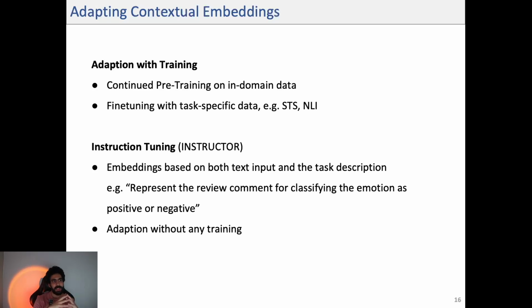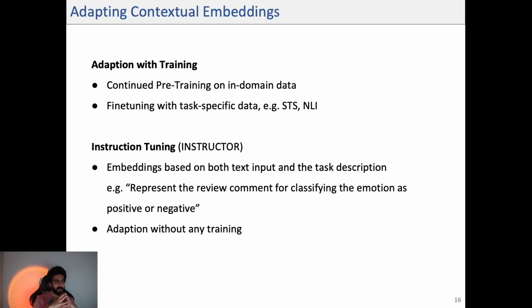The second option is to fine-tune the model on labeled data for a specific task, like semantic similarity or natural language inference, NLI. And this helps the model learn exactly what we want it to focus on.